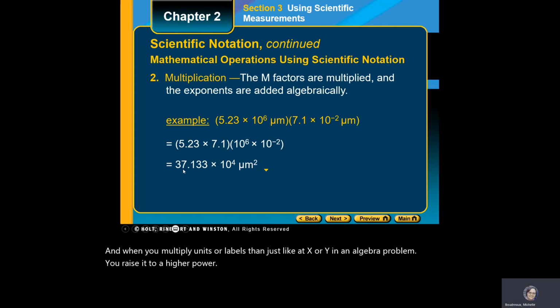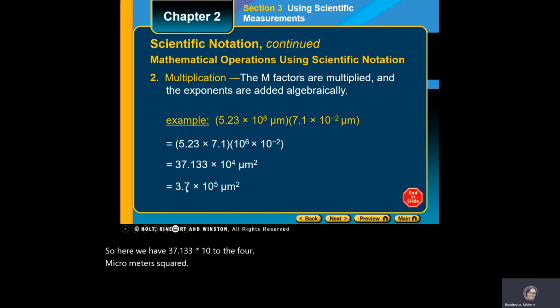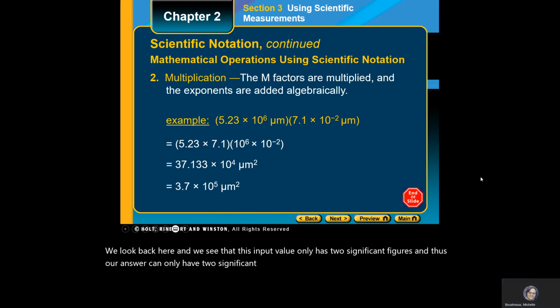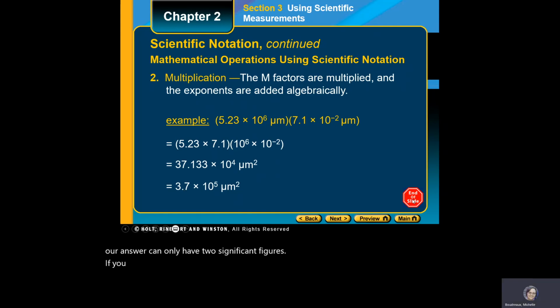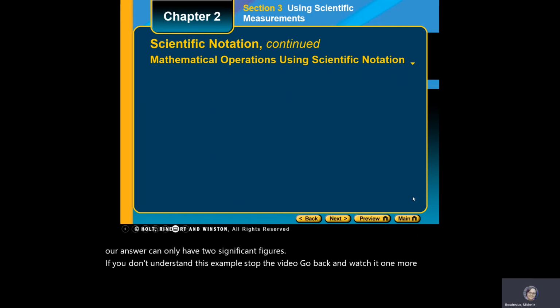So here we have 37.133 times 10 to the 4 micrometers squared. Why did we chop it off? Do you remember? We look back here and we see that this input value only has 2 significant figures, and thus our answer can only have 2 significant figures. If you don't understand this example, stop the video, go back and watch it one more time because this is important.